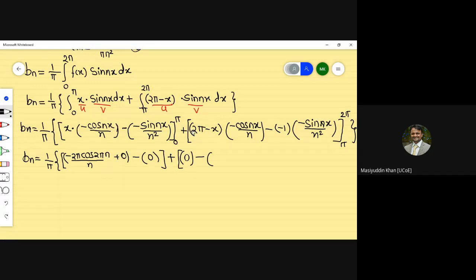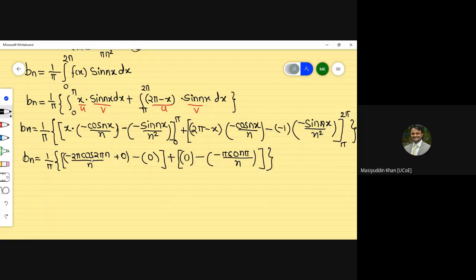So it will become pi, but this is minus, so minus pi into cos of n pi upon n. Substituting the lower limit here, you can observe sine n pi is 0. So this whole part is 0, so we can write as it is. So this is upper limit minus lower limit we applied.